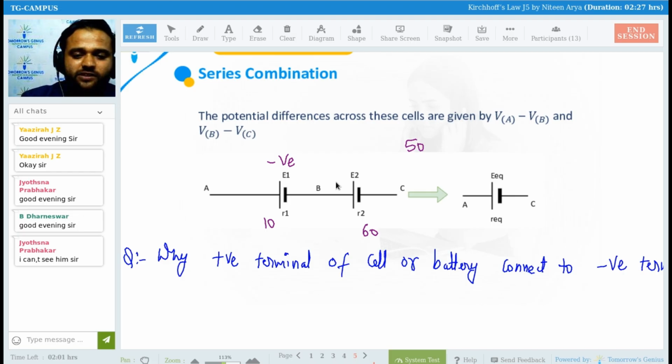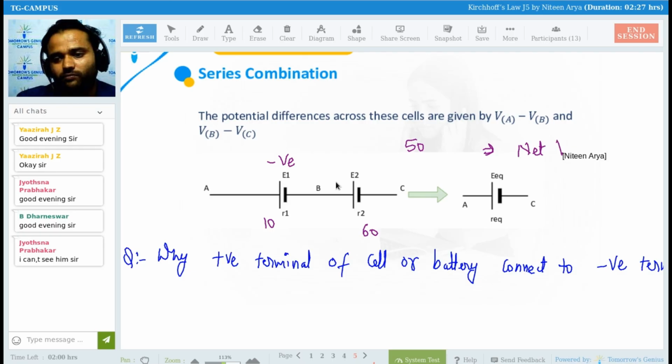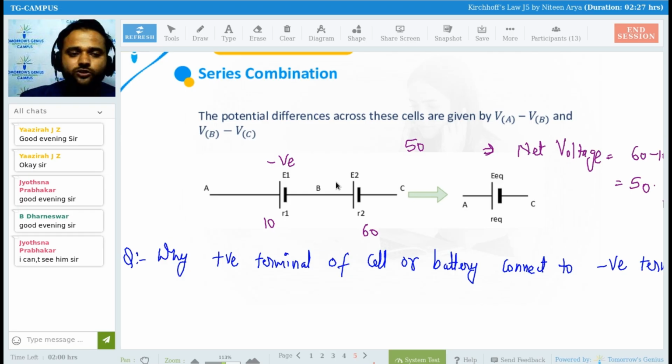Clear? What happens means the direction of polarity of this particular cell is going to be reversed. You can attach that, but then the net voltage is going to be 60 minus 10, which is 50. And as in that last slide paragraph, we add a number of cells to get more voltage in general.